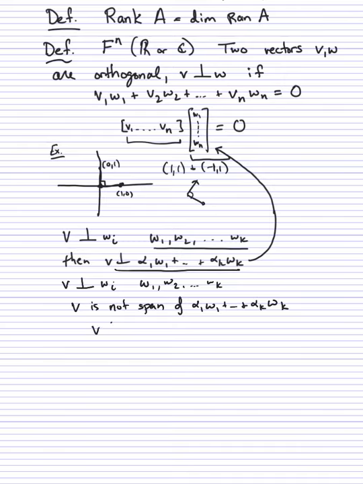If it were true, then you would have V perpendicular to V, which we should check in the definition does not occur. This would be V1 V1 plus V2 V2 up through Vn Vn equal to 0, and this is now a sum of squares. So V is not perpendicular to V unless it's 0. This is a contradiction unless all the Vi's are 0.